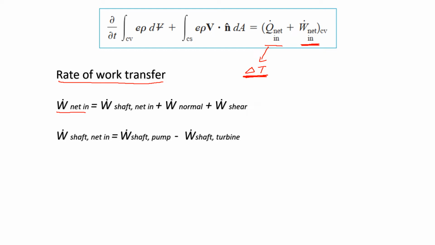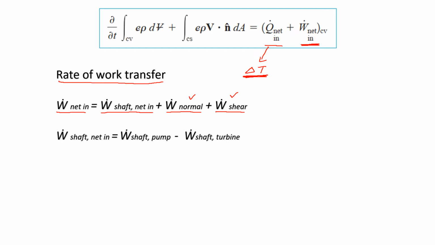So that net rate of work transfer is equal to the rate of work transfer to the shaft plus the rate of work transfer required to overcome the normal stresses plus the rate of work transfer required to overcome the shear stresses. We will come back to these normal and shear stresses in a while, because you will now be wondering what those normal and shear stresses are doing here, because we are only talking about work and heat. So let's get back to them in a little while.